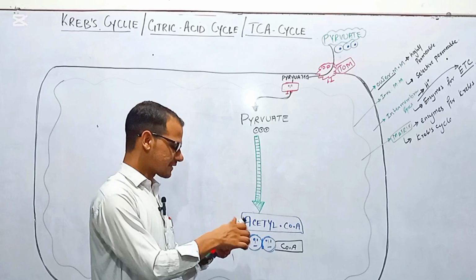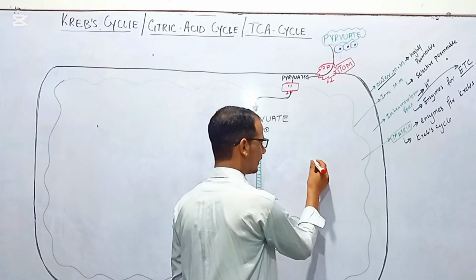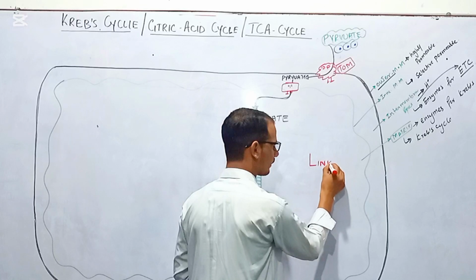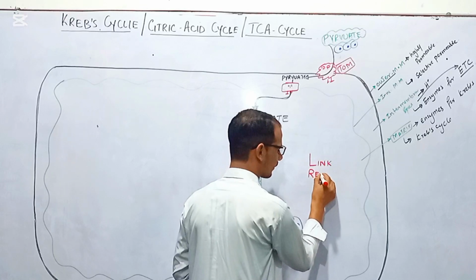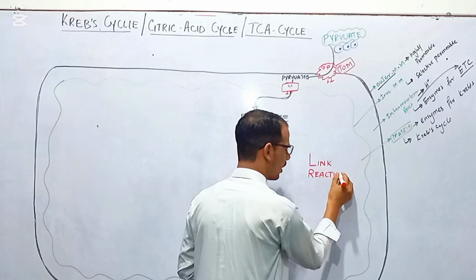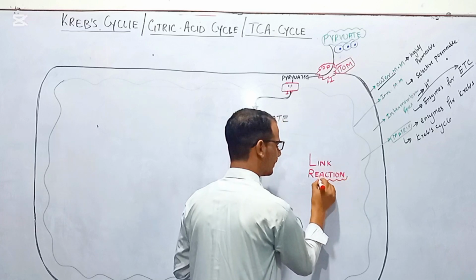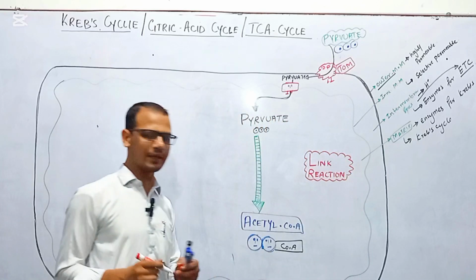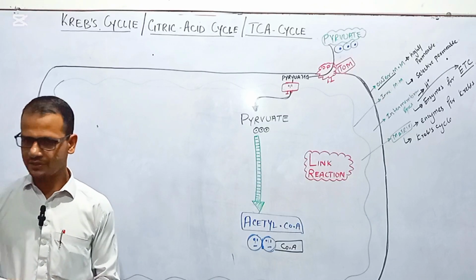Here this reaction is called link reaction. Why is it called link reaction? Because it links the glycolysis with Krebs cycle.